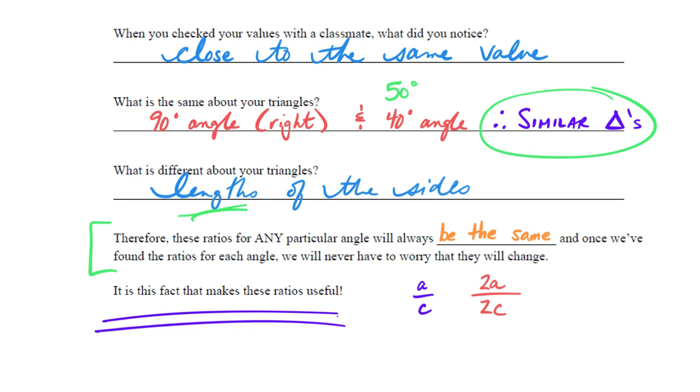And if you reduce the red fraction, your 2's divide out, you come right back in on an A over C, you are getting the same ratios. So, we know that those ratios are never going to change for a given angle. And it's that fact that is useful.